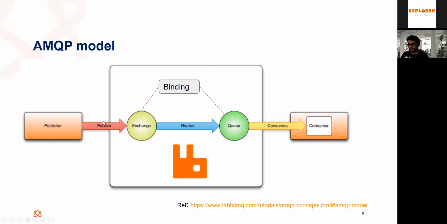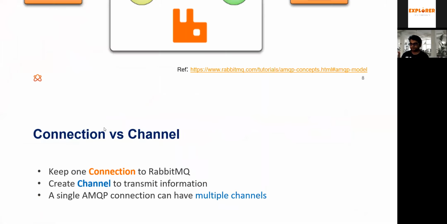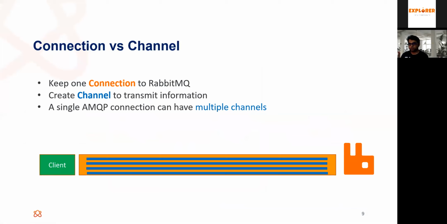First, before going into these models, let's see what a RabbitMQ connection looks like when we connect. The connection to RabbitMQ will look like this big orange box. There will be one connection, and a client will connect to RabbitMQ with this one connection. Under that, we have to create channels.